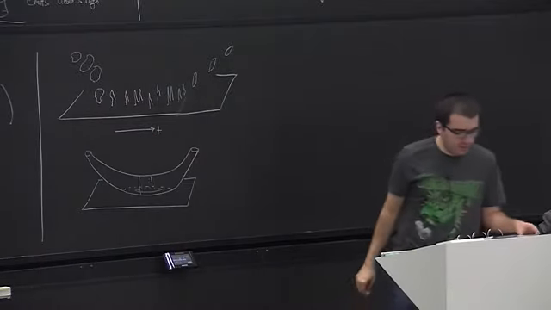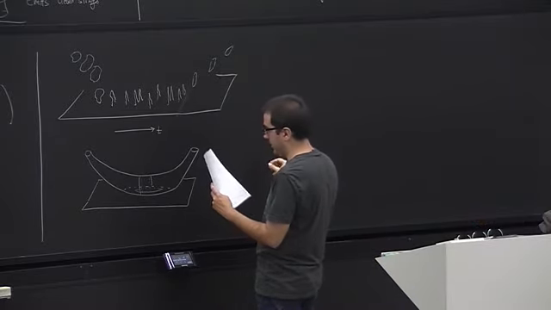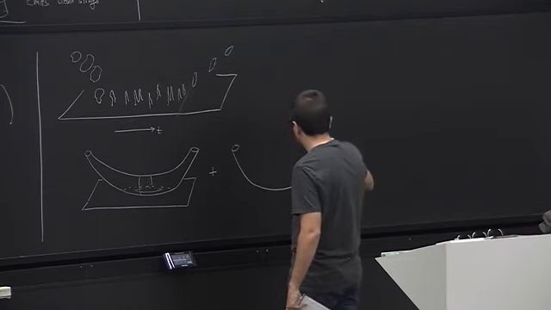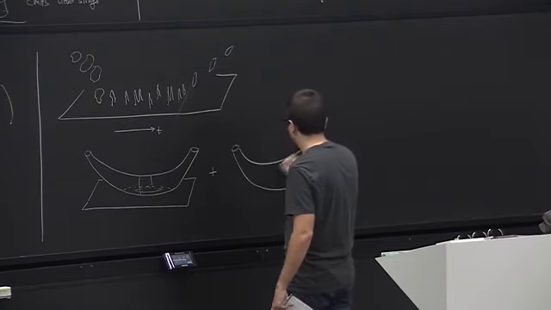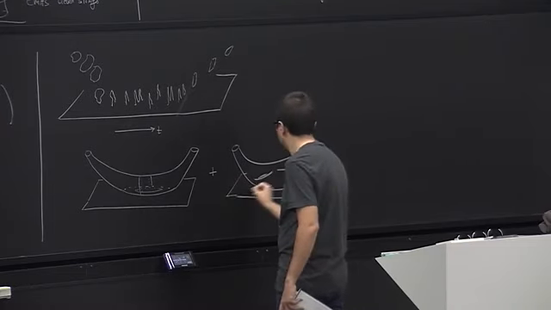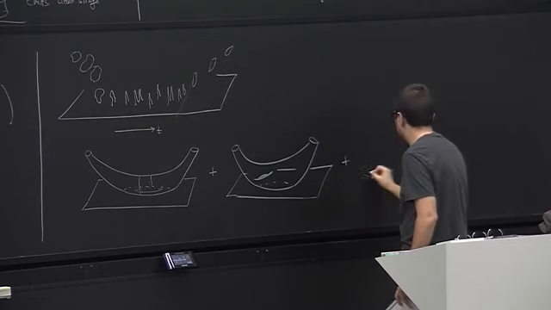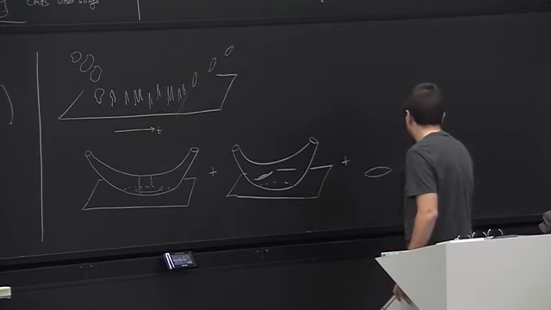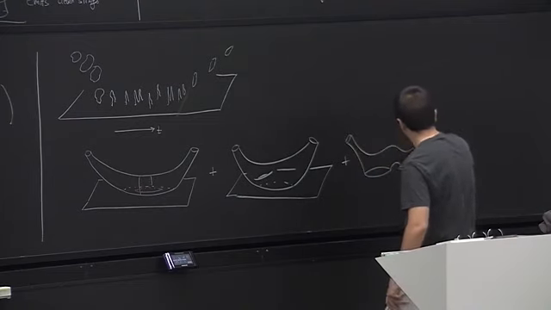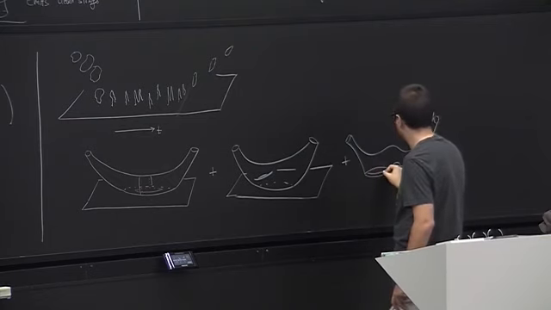And then you could imagine summing over all these diagrams, so this interaction plus some interaction with some handle in the middle, plus some interaction where it touches this surface twice, I don't know. Even with some hole, it can be quite complicated.